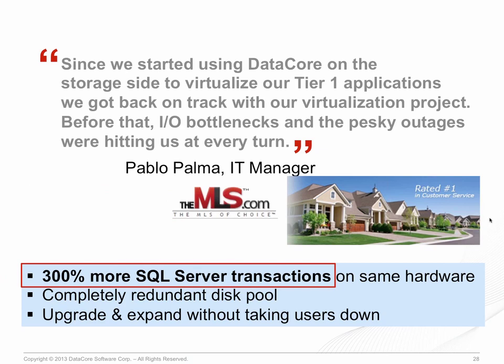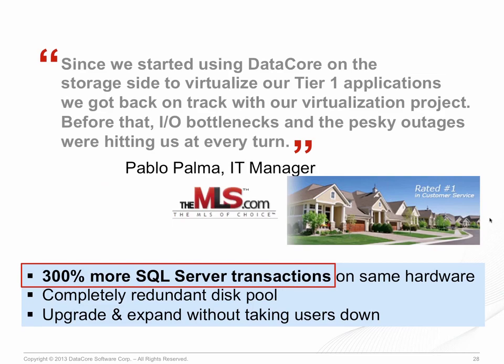So basically now, not only performance was produced by DataCore, but also, as you can see in red, more SQL transactions. They had 300% more SQL transactions on the same hardware.